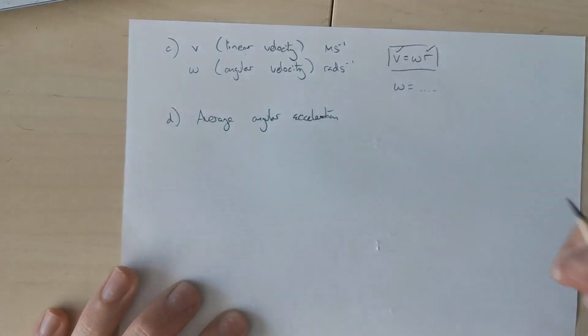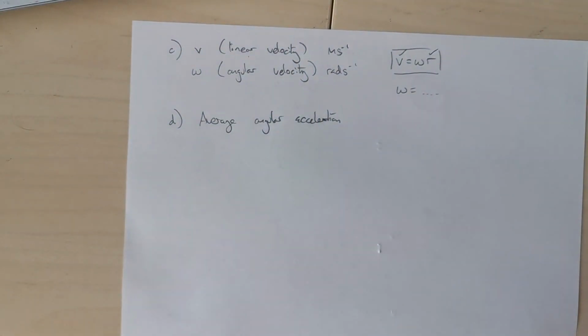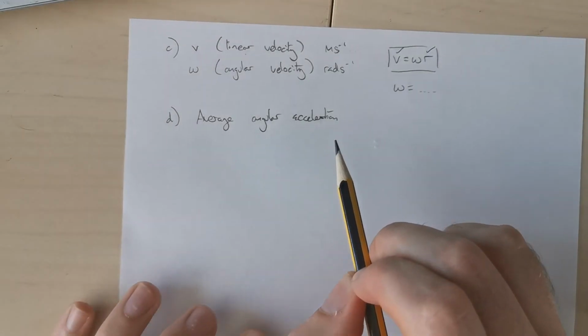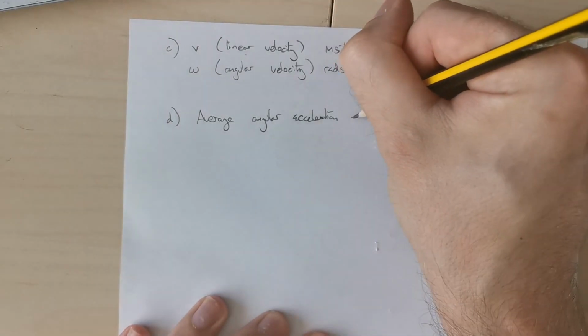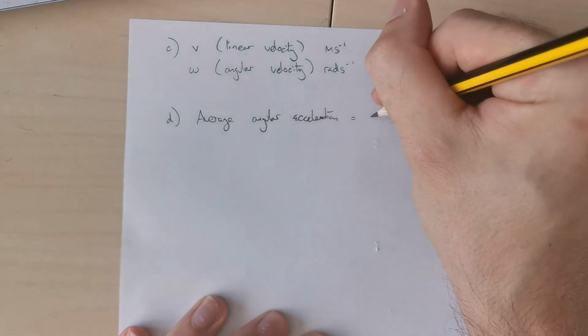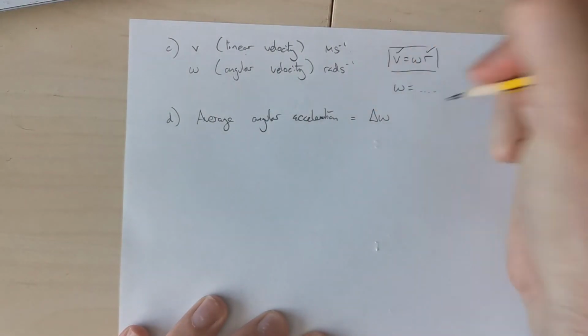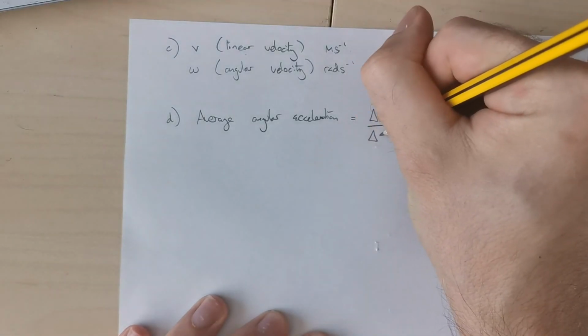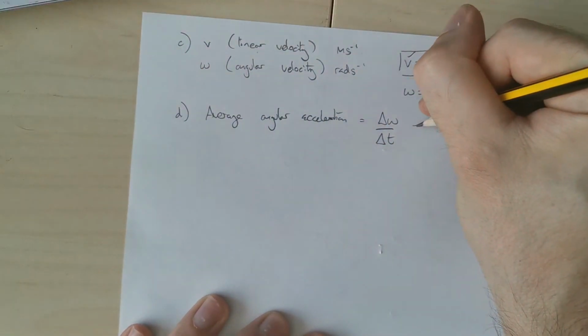Now, it doesn't say average angular acceleration, so this may be incorrect, but this is quite a straightforward thing that we can work out based on what we've already got, because average angular acceleration is the change in angular velocity, so the change in omega, over the change in time that occurs.